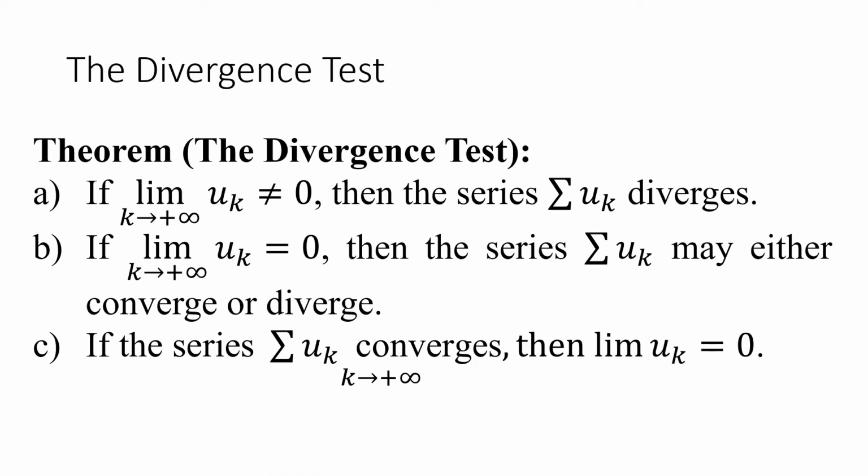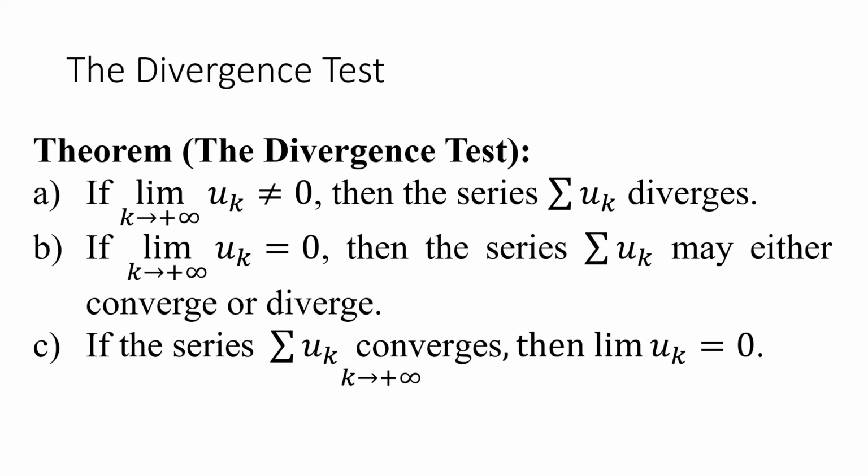Indeed, we will see shortly that the starting index is irrelevant to the issue of convergence. The kth term in the infinite series, the summation of u sub k, is called the general term of the series.